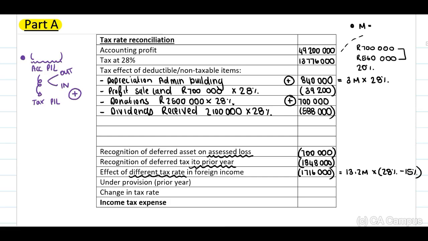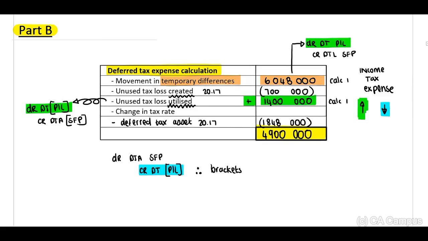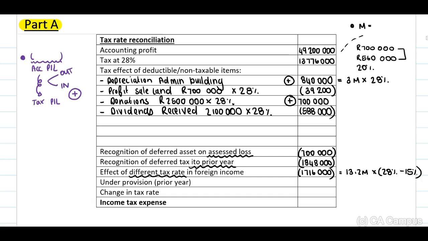When you look at your deferred tax expense, remember we have included negatives. The same principle applies as per our journal entries that we have explained. Remember, we are busy with our tax rate reconciliation. The same principle will apply when you think about your journal entries. Recognition of a deferred tax asset. Look at the left side of your screen. You will debit your deferred tax asset in your statement of financial position, and you will credit your deferred tax in your profit or loss.